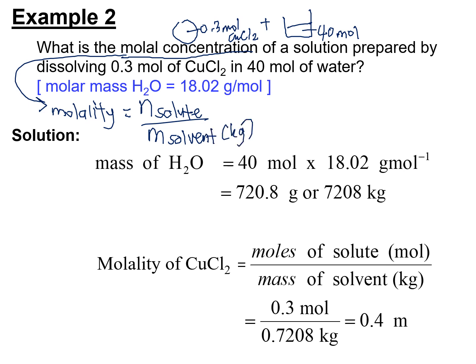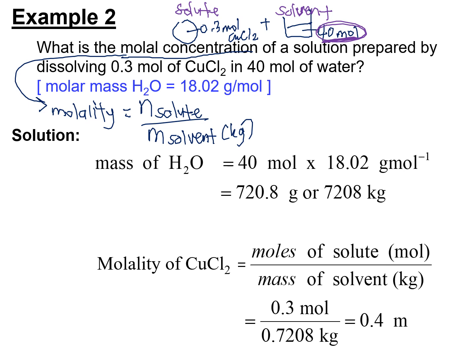So sekarang ni kan kamu dah lukis tadi supaya kamu boleh tahu siapakah solute, CuCl2, siapakah solvent, mestilah water. So sekarang ni solvent dia bagi dalam terms mol, number of mole which is 40 mole. Macam mana kamu nak cari berat air tersebut?